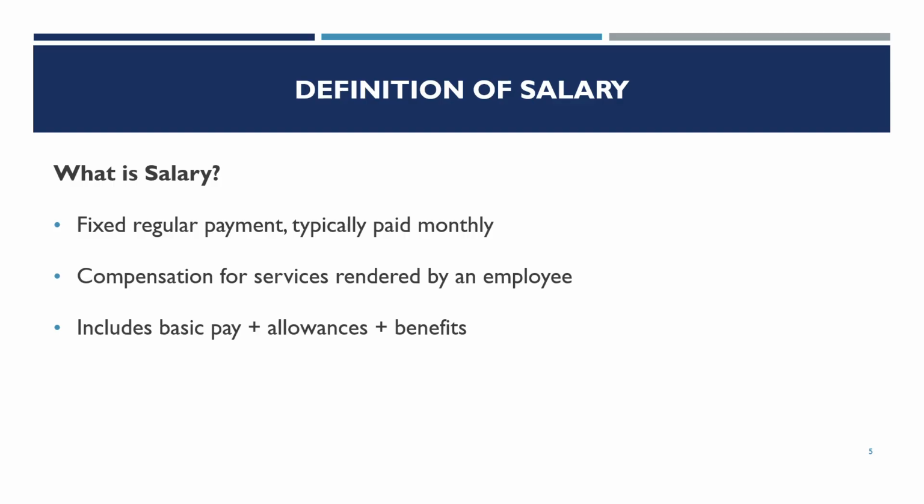Think of salary as a basket. Inside the basket are your basic pay, allowances, bonuses, and sometimes even benefits like meal coupons or stock options. Salary differs from wages in that wages are usually hourly or daily, while salary is monthly and more stable.